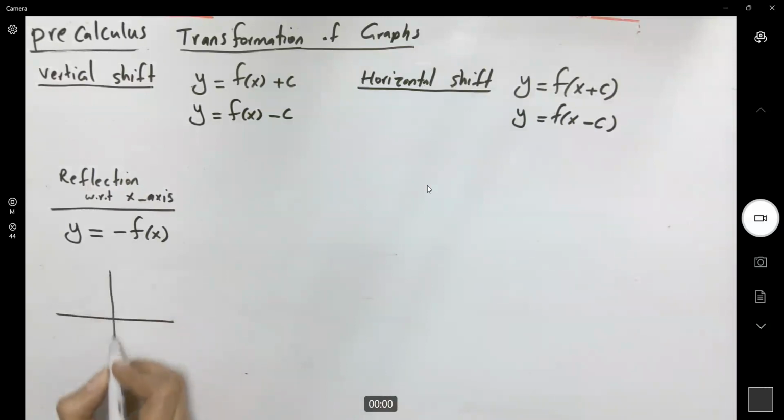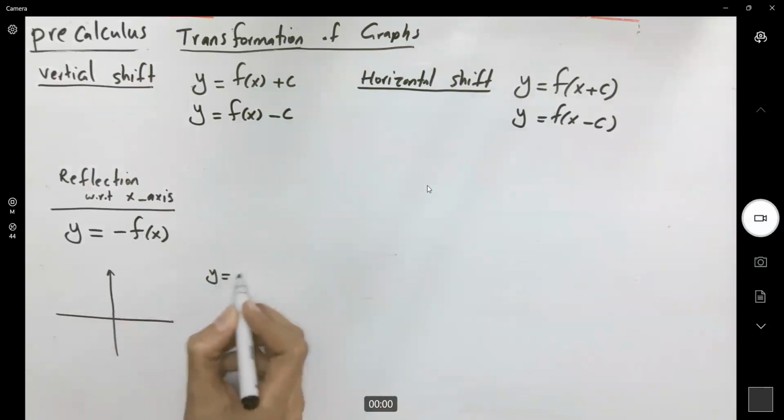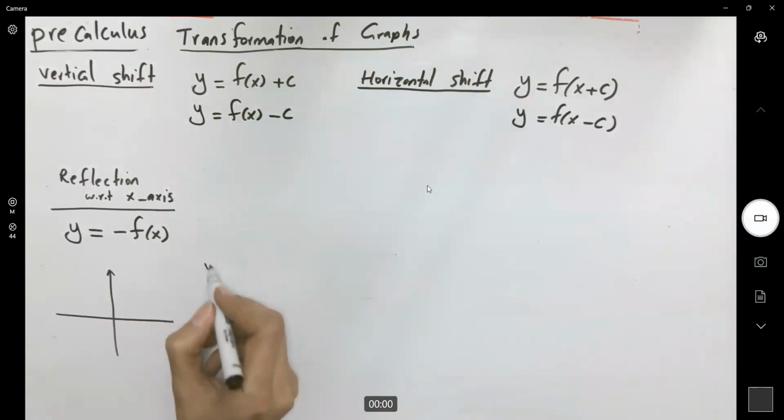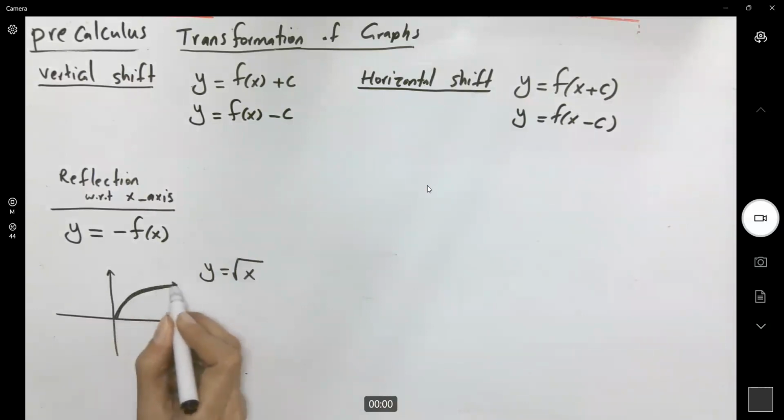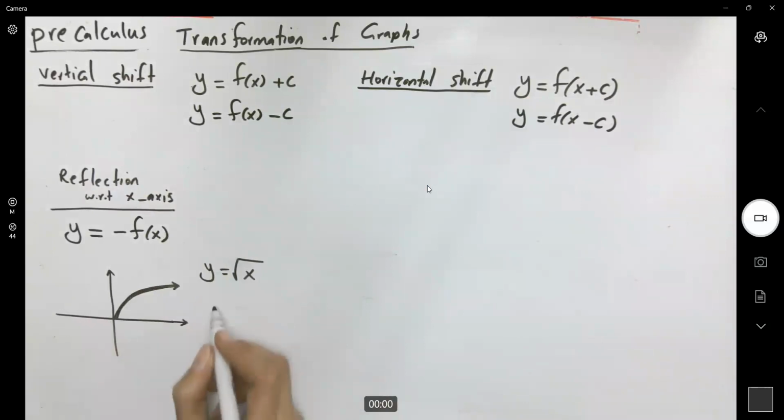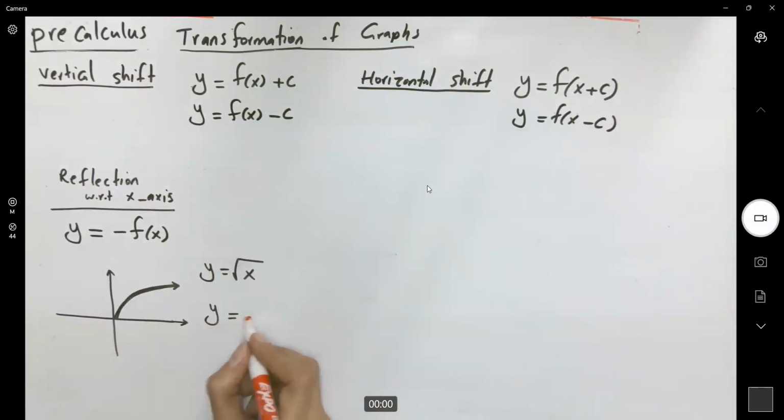So if we have the graph of y equals, for example, square root of x, this is the graph of square root of x. If I multiply y by a negative sign, minus square root of x, what do I have?